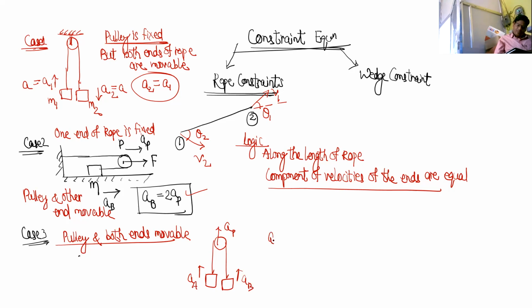So here the relationship will be AP equal to (A1 plus A2) by 2, है ना? So whatever questions I will give you, you see any one of these conditions will be satisfied. So first you use this constraint equation in second step, and then follow the 5 steps you were following, you will get the answer, right? Let's solve some questions.